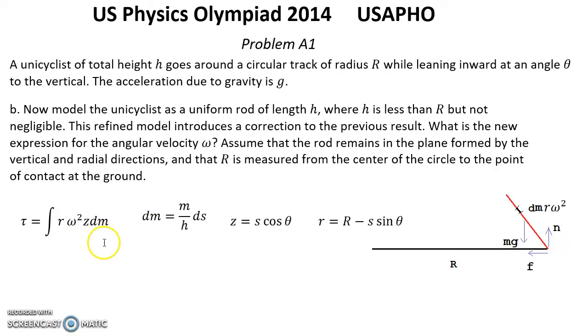Now we have to express our variables in this equation through a variable which is the distance from the point of contact to our element dm. So dm equals mass over total height multiplied by ds, z equals s cosine theta, that's the height, and r equals big R minus s sine theta, and the limits are from 0 to h.